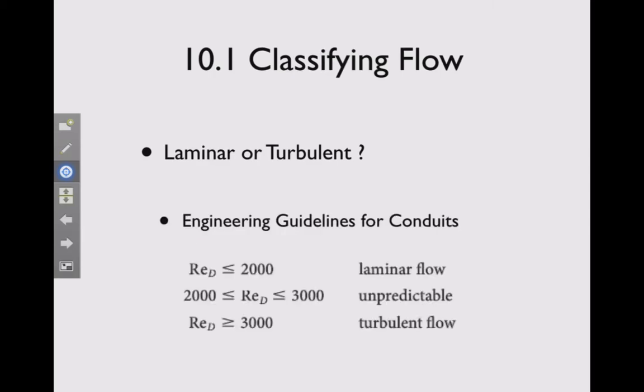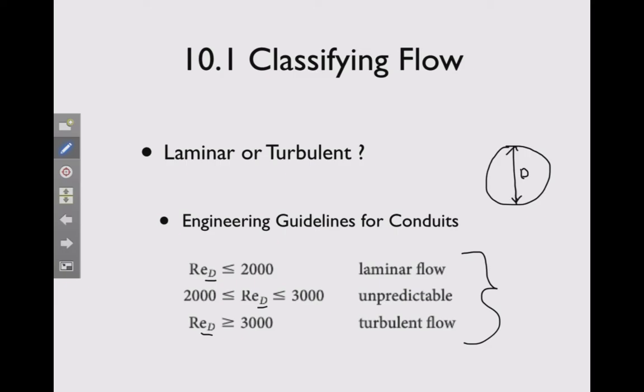Really this just boils down to the fact that in a conduit, we have these limits. It's really that simple. The Reynolds number is applied to the diameter of the conduit; in the case of pipes, D is the characteristic length, the diameter of the pipe.